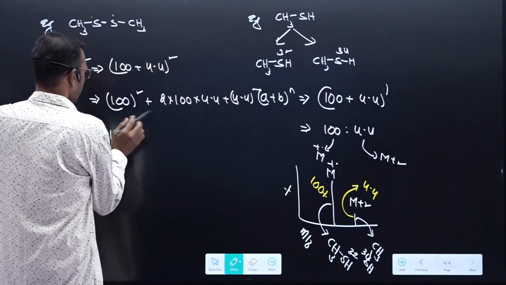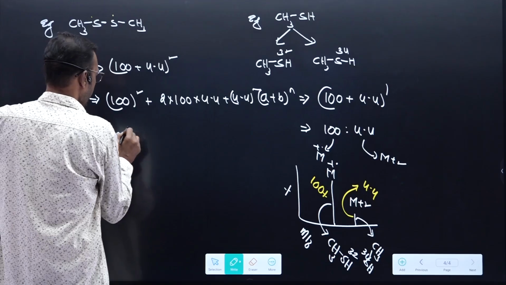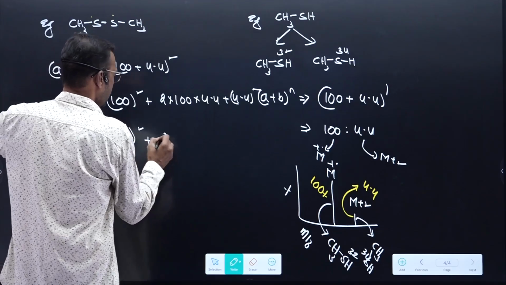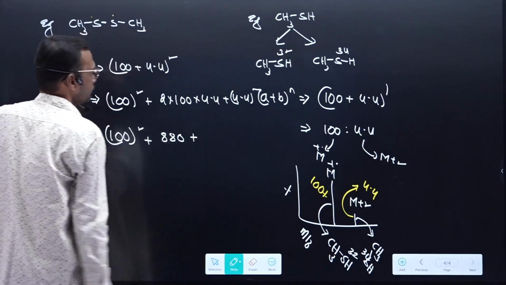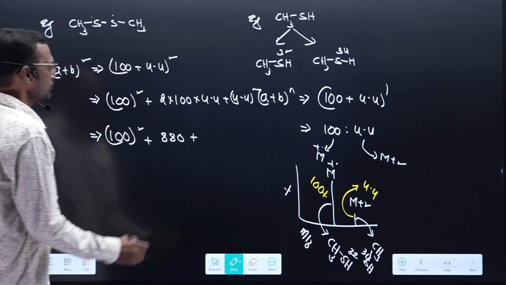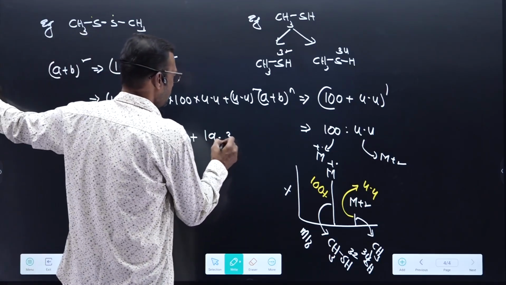Okay, so here this is 100 square, then you will get 880. And this is 4.4 square, 19.36 you will get.